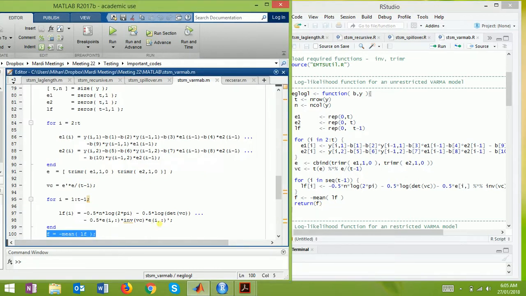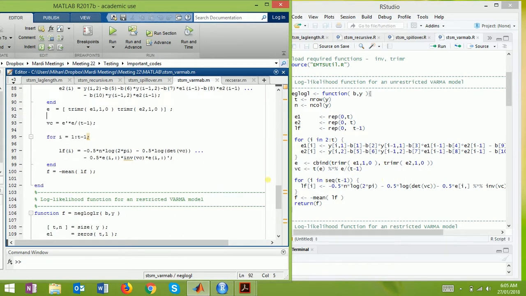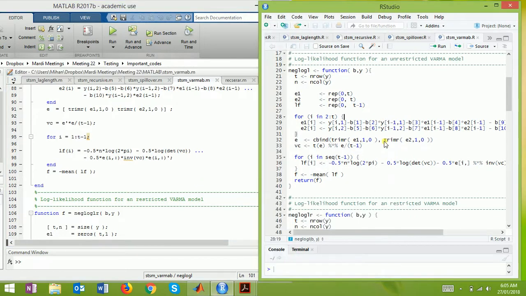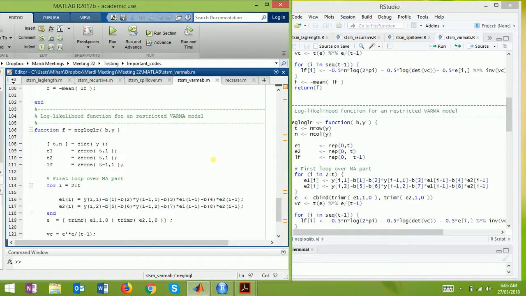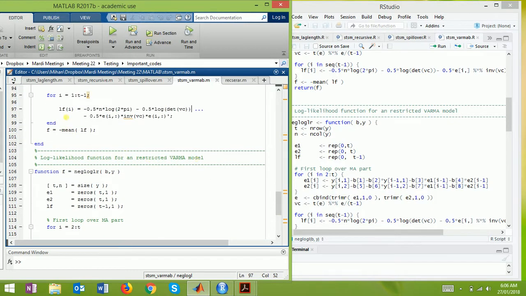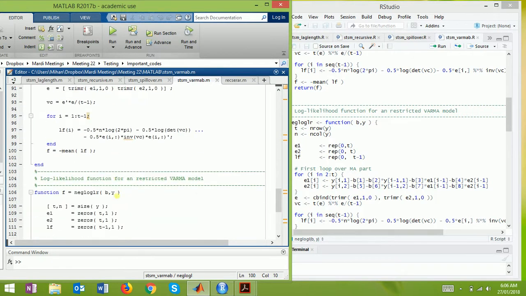So instead of splitting the subroutines into two different subroutines, we can do it in just one subroutine. That we should have been doing throughout the entire period. So as you find LF, you take the mean of the log likelihood function and minus mean of the log likelihood function that you are interested to find, and that is your unrestricted Varma.